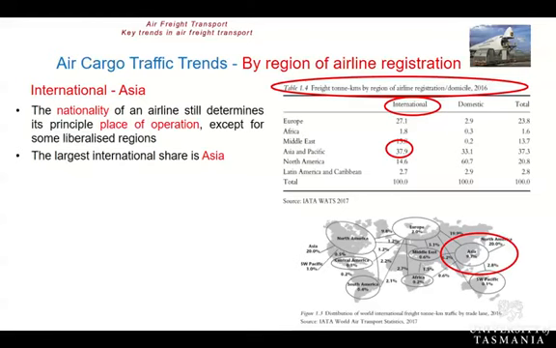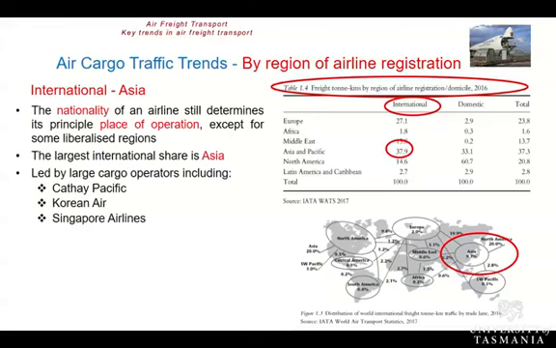Not only do they have a strong trading lane with Europe and North America, they've also got quite a significant movement within Asia itself. And that contributes to that almost 40%. It's led by large cargo operators, Cathay Pacific, Korean Air, Singapore Airlines, and quite a number of other airlines.